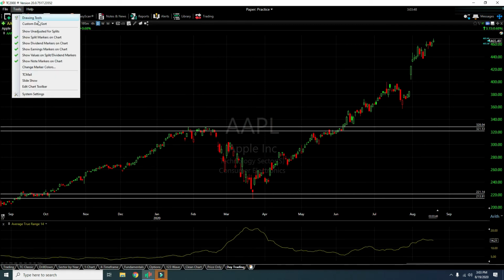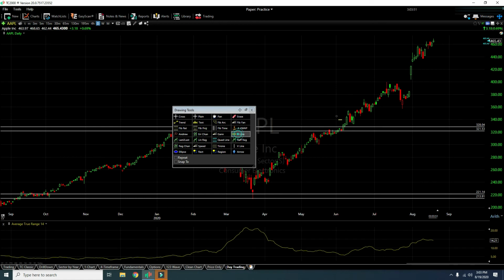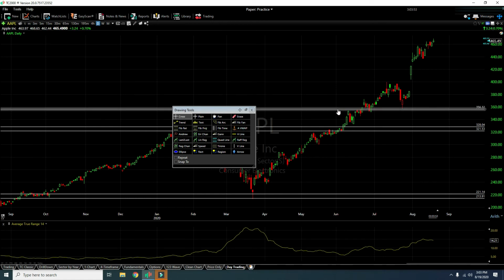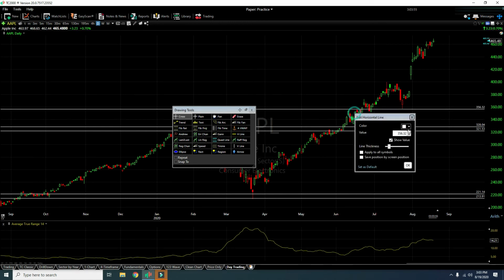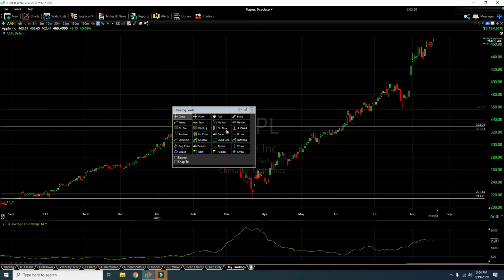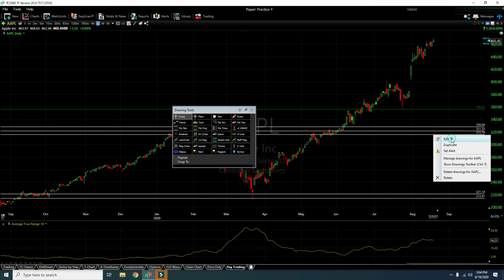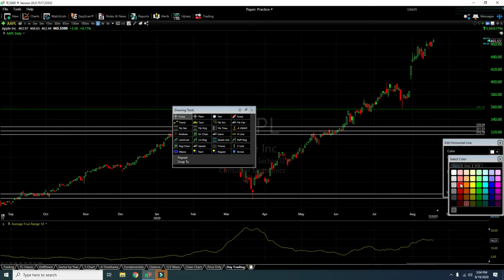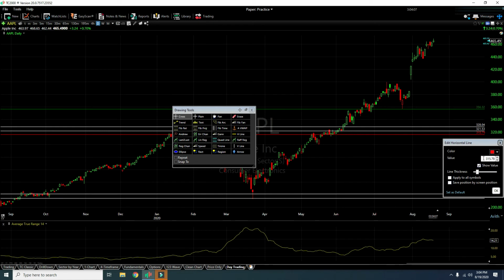Let me draw the line and show you what I mean by that. This is your entry, let's say. And let's draw your stop loss. This is your stop loss of approximately $6.22.